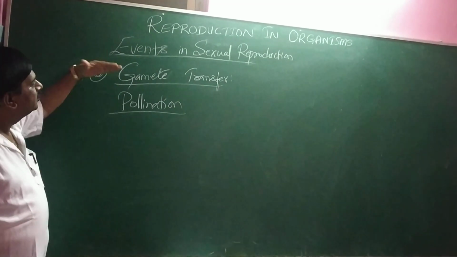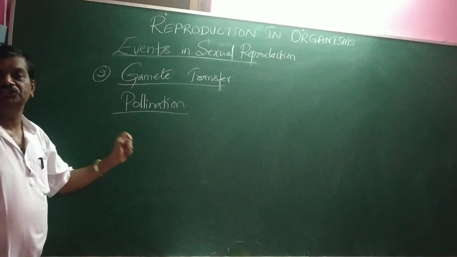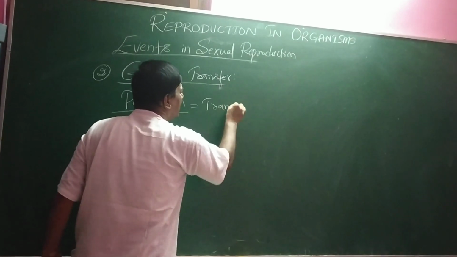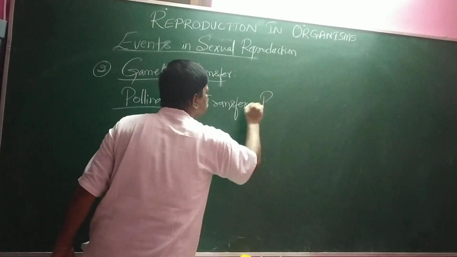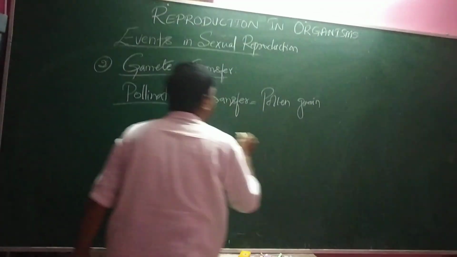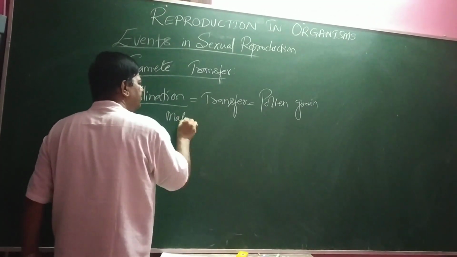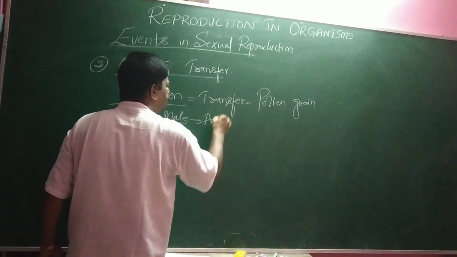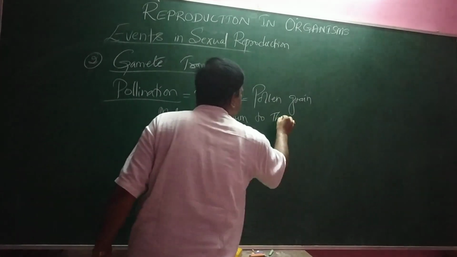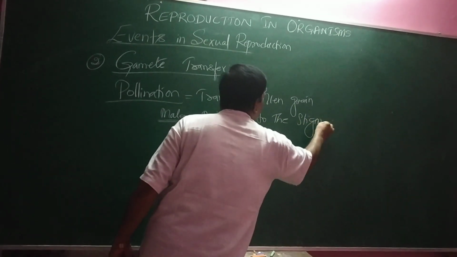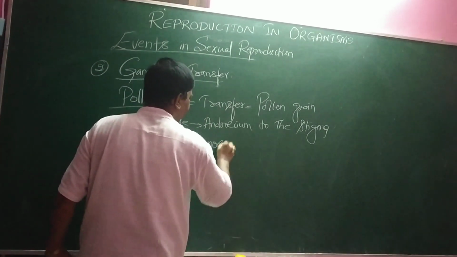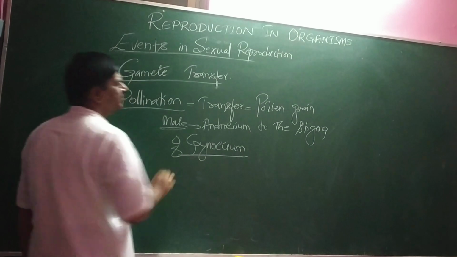So we start with one more word called pollination. The meaning of pollination: it is the transfer of male gamete, the transfer of pollen grain from the androecium to the stigma of the gynoecium for the sake of fertilization.